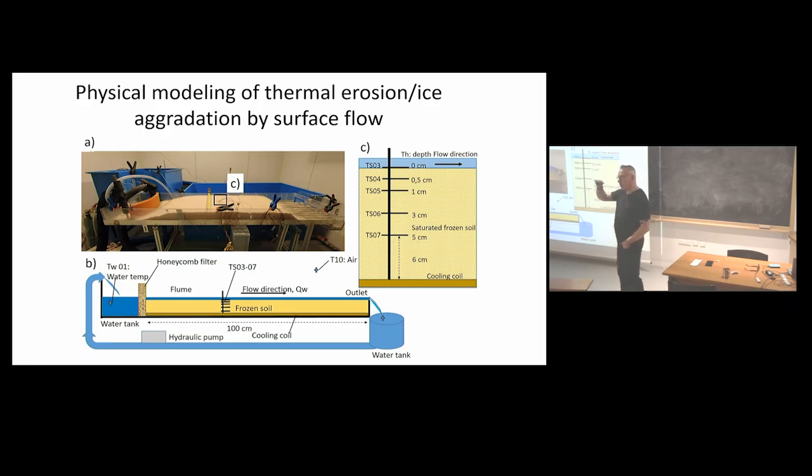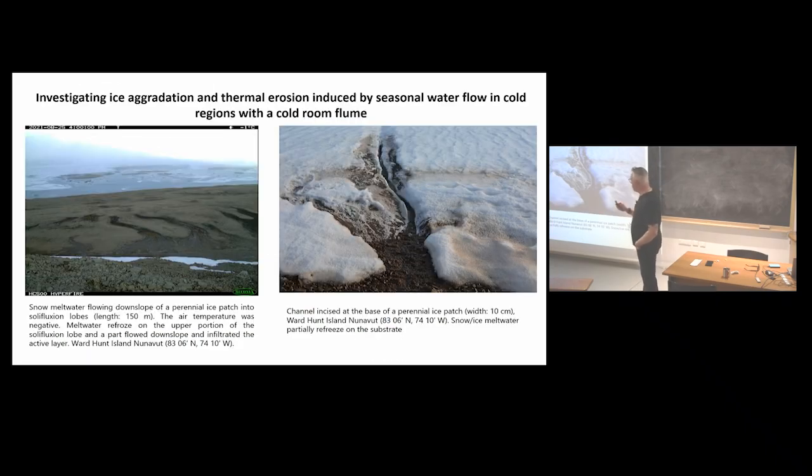Then if you increase it, you erode mechanically this sediment that has thawed, and if the flow is cold enough and slow enough, you aggrade permafrost. And these are analogs for things that we observe in the field.